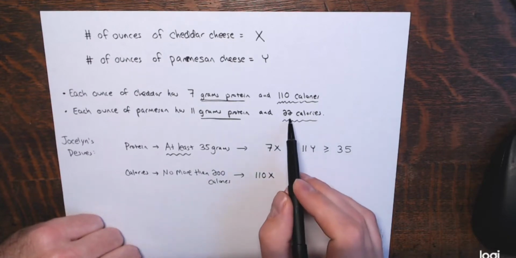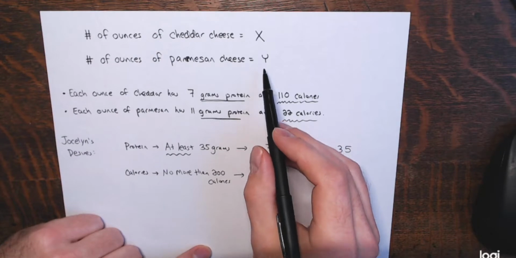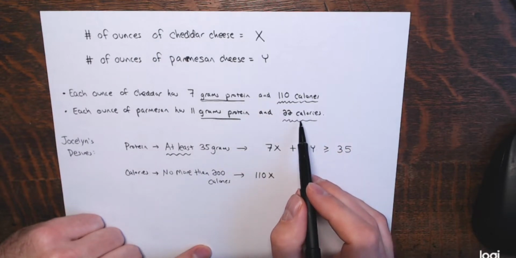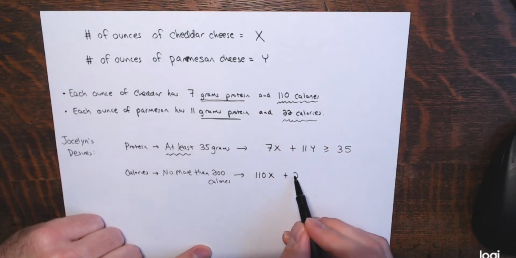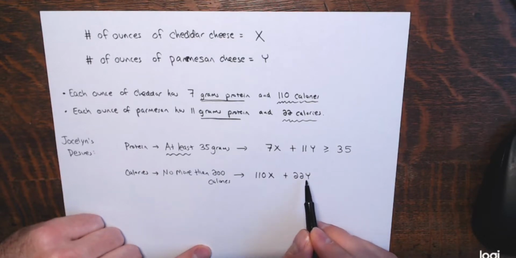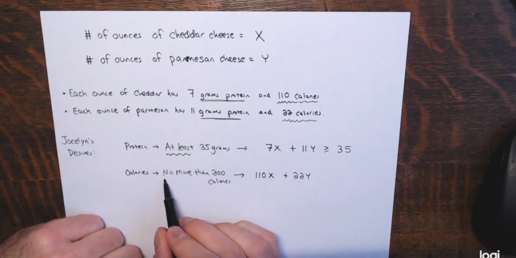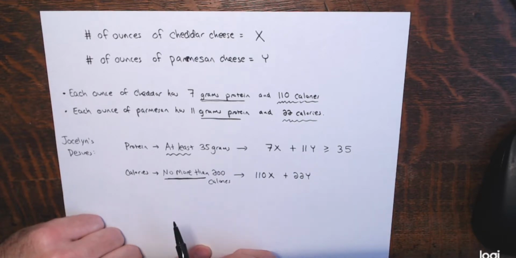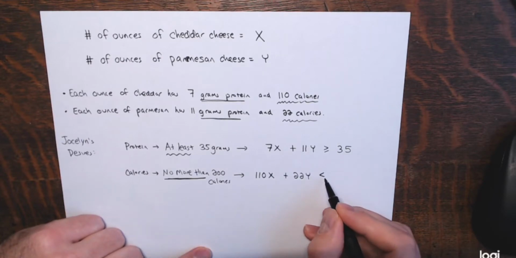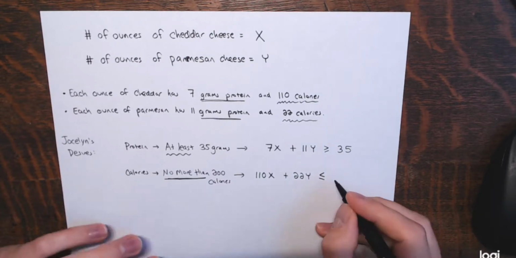And then if she eats Y ounces of Parmesan, that'd be 22 times Y, plus 22 times Y. That's how many calories she would have eaten. And she wants this number of calories to be no more than 200. Now, not more than means less than or equal to. All right, it's less than or equal to 200 calories.